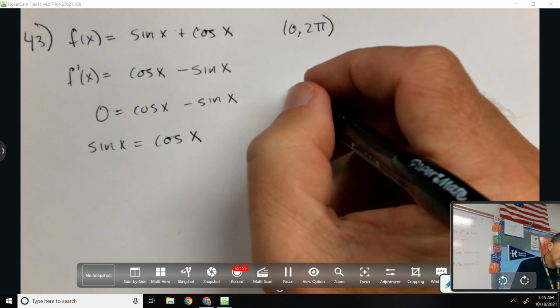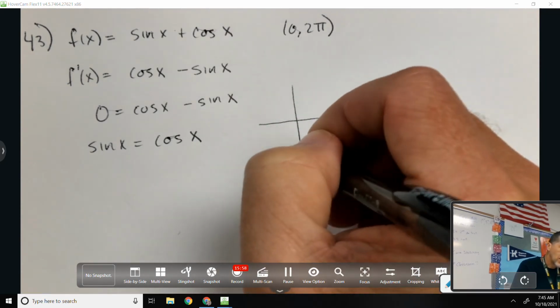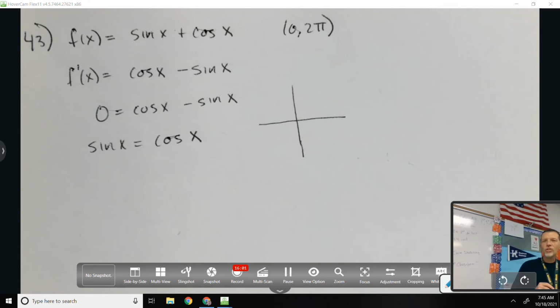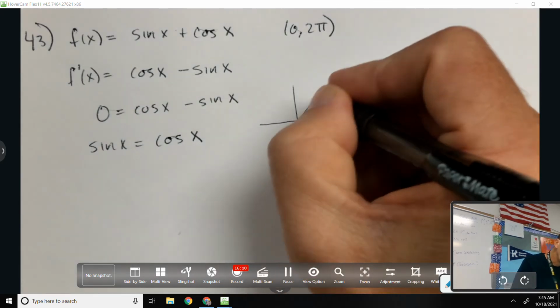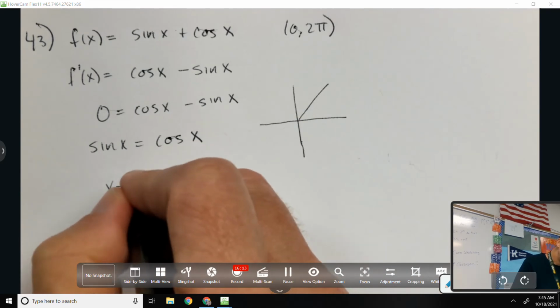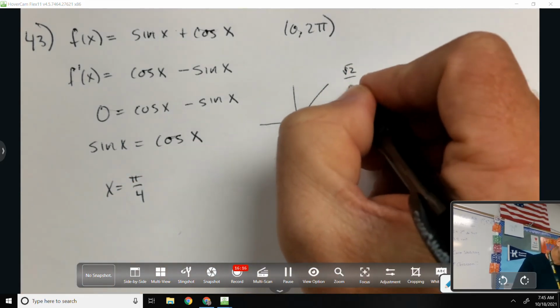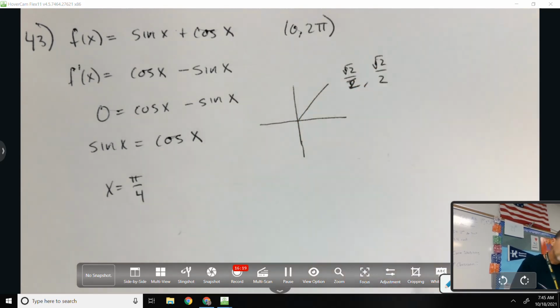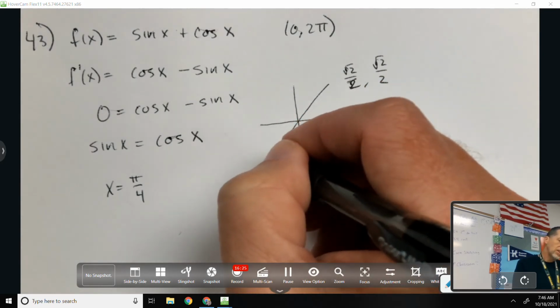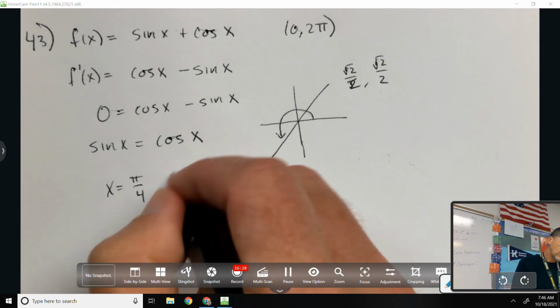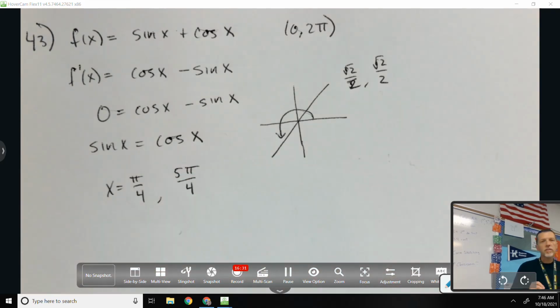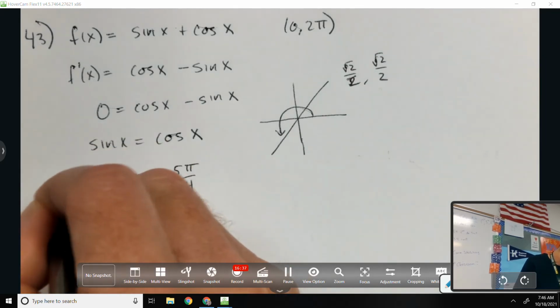Where does the sine equal the cosine? You know your unit circle well enough to know the places where the sine and cosine have exactly the same. Definitely pi over 4. Root 2 over 2, comma, root 2 over 2. Anywhere else? Yeah, same thing in the third quadrant where they're both negative. So pi over 4 and 5 pi over 4. So those are my critical points.